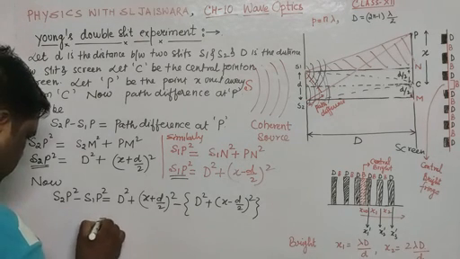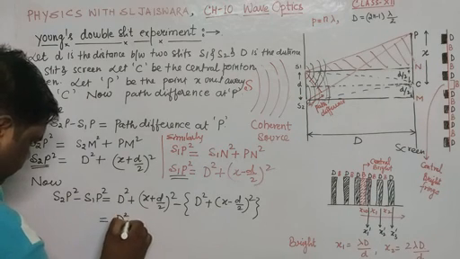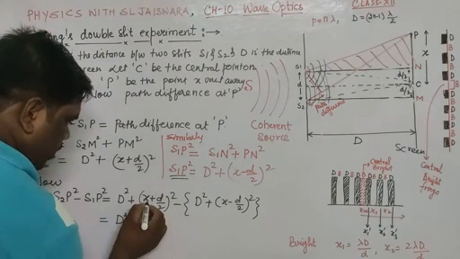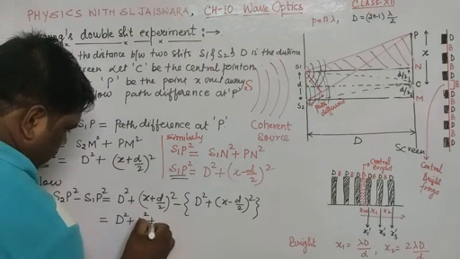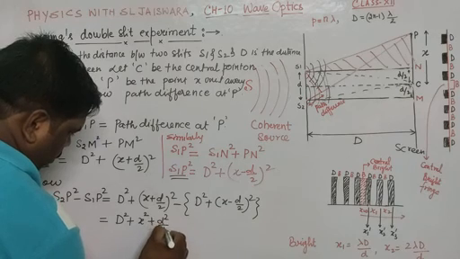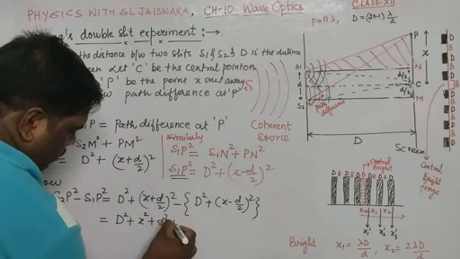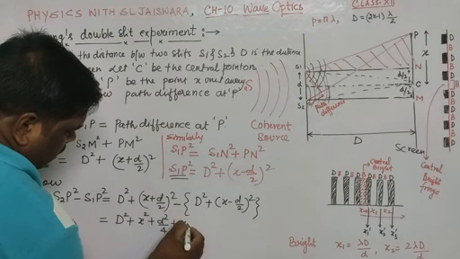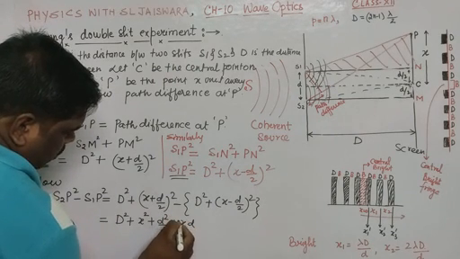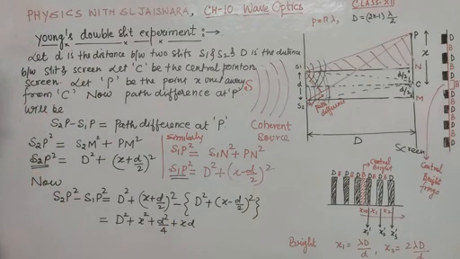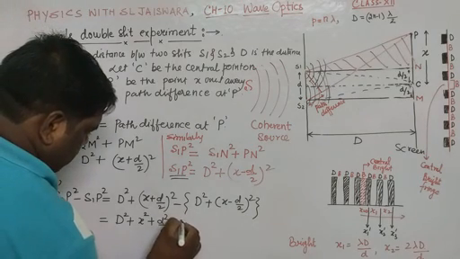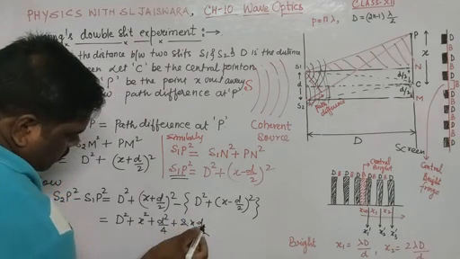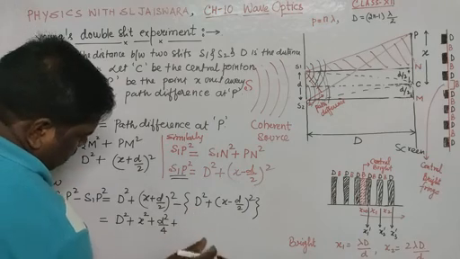We get d square plus, now open this by using the a plus b whole square identity, it becomes x square plus d square by 4, square of 2 is 4, plus 2 into x into d by 2. The 2 in numerator and 2 in denominator cancel out, finally we get x d.